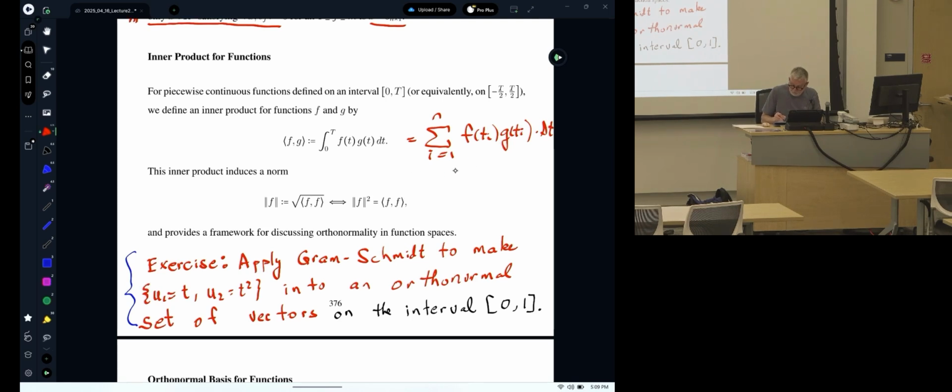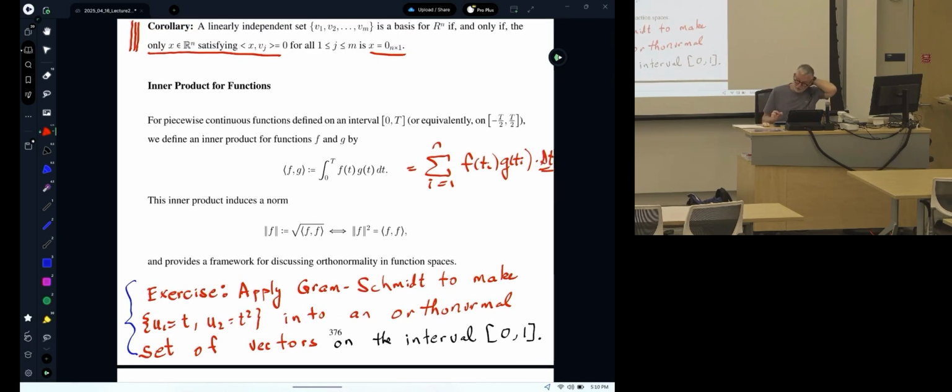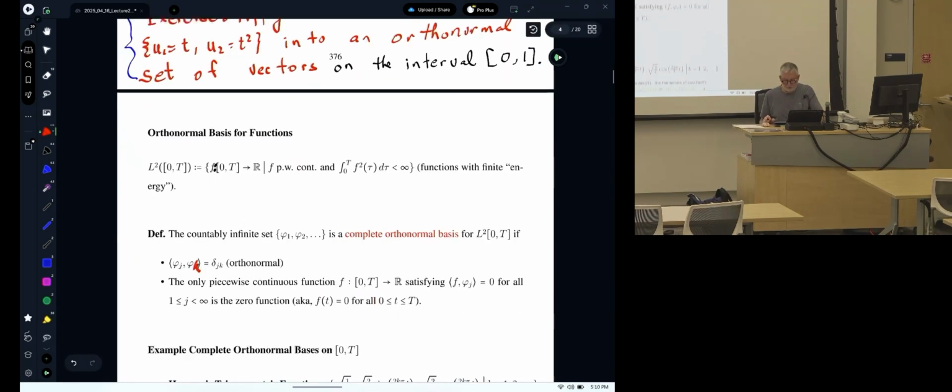And this looks like the dot product where you take f and you stack up all of its values at t1, t2, tn, etc. with g, and you just take their standard dot product. The only difference is the scale factor. Okay, so once we have a notion of an inner product on functions, we can calculate orthogonal functions, we can calculate norms, etc.